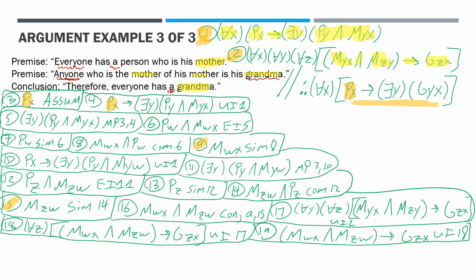So with our variables in place, and line 16, we have MWX and MZW. We can do a modus ponens inference. Hence for 20, we can get GZX, modus ponens, 16, 19.